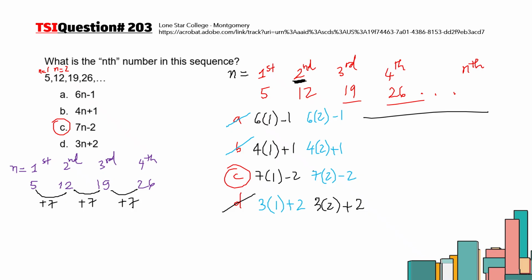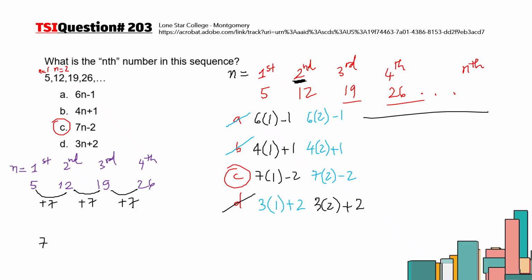So you know that you will have 7n, and you will add something to it. For example, 12 is 7 plus 5, and then for 19, you add 7 more.